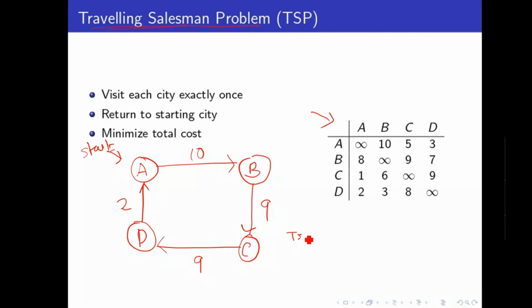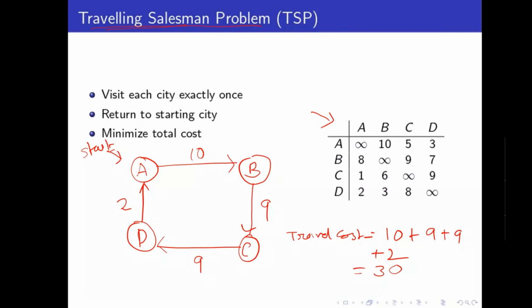So what is the total travel cost? Is 10 plus 9 plus 9 plus 2. So that is 30. Right. Now, is this the minimum cost tour? Or can there be other tour which is lesser cost?